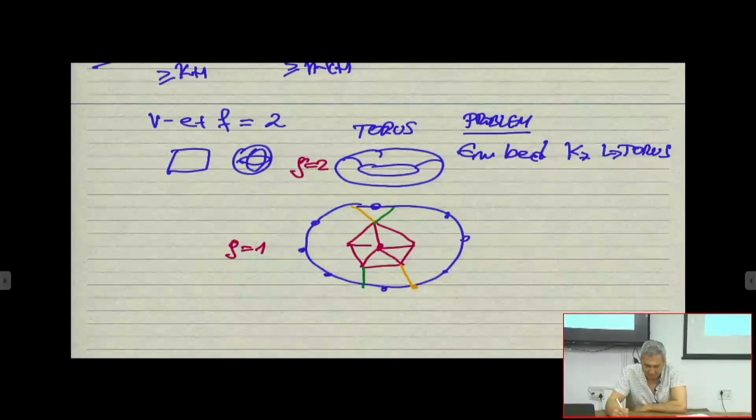Now we have this one, the green one, and we have brown. I will go like this, and then I will show up here. And I will go like this, and I will show up here.